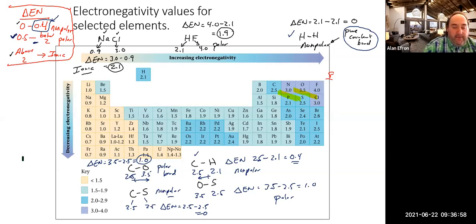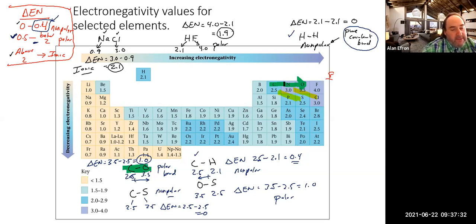Now, let's talk about, say, this bond here that we determined is a polar bond. Well, we know the general trend on the periodic table is up and to the right is more electronegative, and down and to the left is less electronegative. When we look at carbon and oxygen, they're dead on in the same row, and what we see is oxygen is further to the right than carbon.